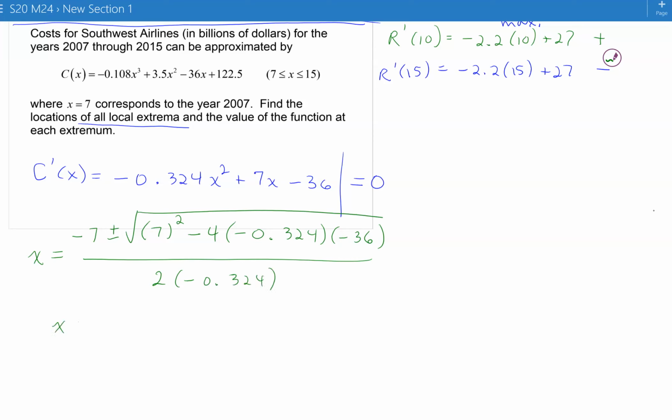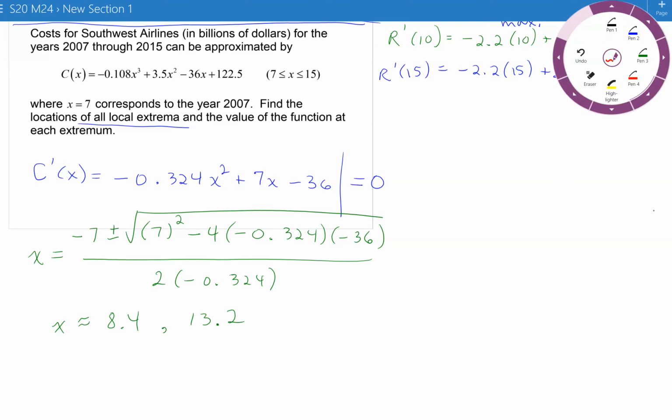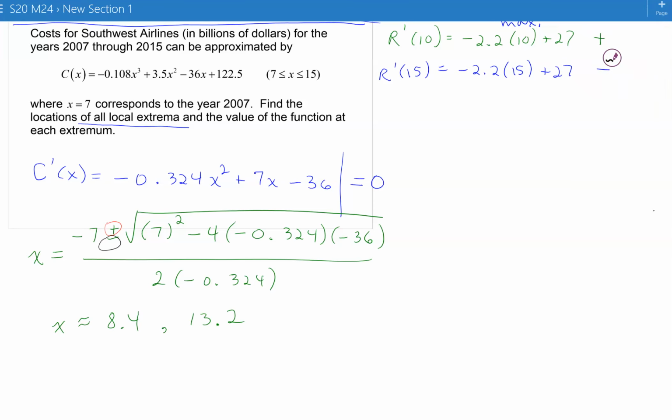And if you find those two values, you're going to find it's about 8.4 and about 13.2. So you get two answers, one with the plus and one with the minus, and those are your two results.